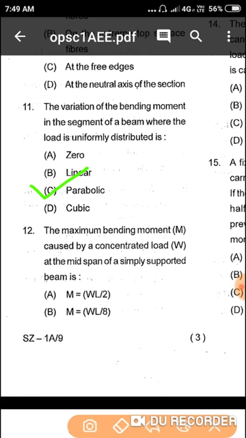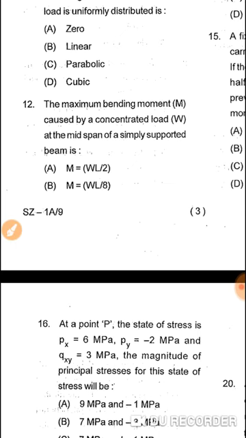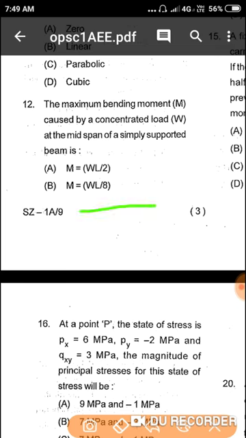Question number 12. The maximum bending moment M caused by a concentrated load W at the midspan of a simply supported beam. Okay, this is simply supported, with a concentrated load at the midspan. This is a point load.